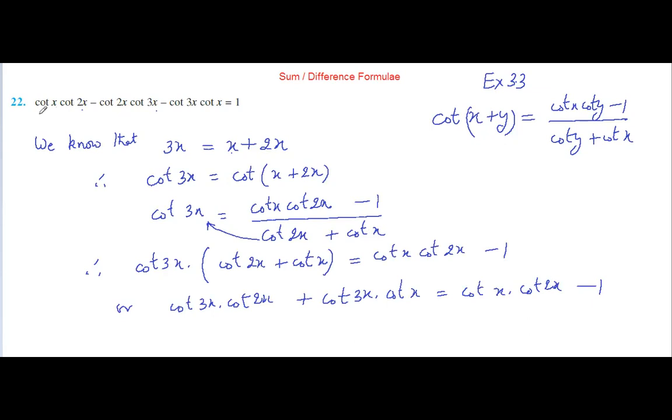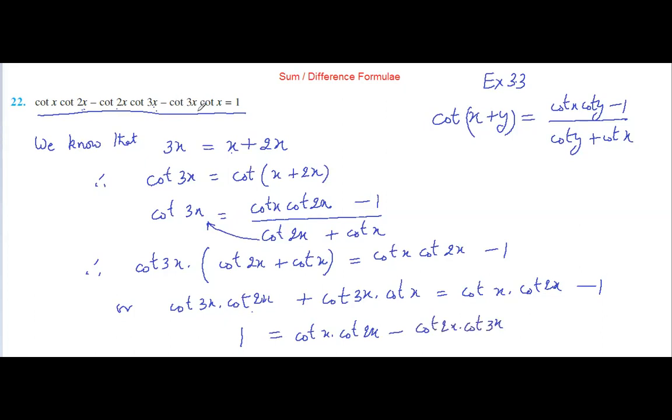In the result which we need to prove, 1 is not minus, 1 is plus. So we take minus 1 to the other side, that is, we bring it to the left hand side, and it becomes plus 1. And on the right we are left with cot x into cot 2x. Yes, we needed this. Then we need cot 2x into cot 3x. That term will come from the left to the right side with change of sign, cot 2x into cot 3x.